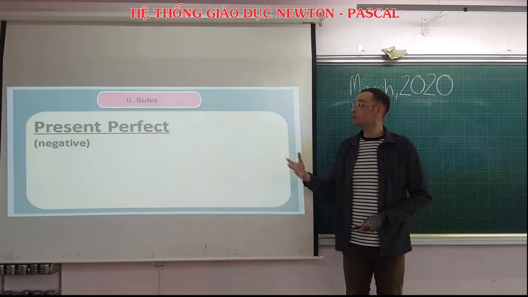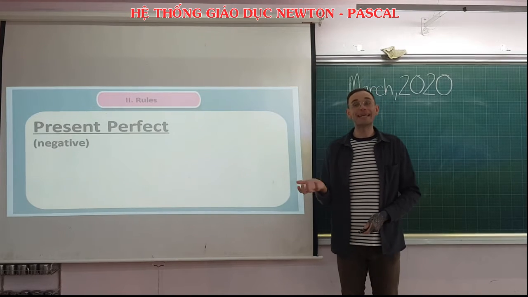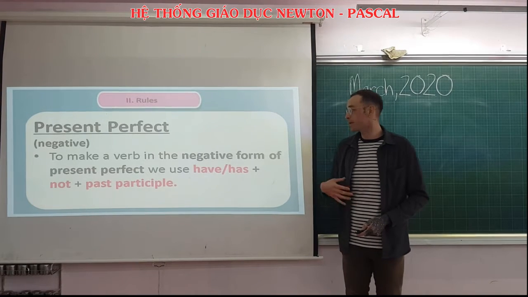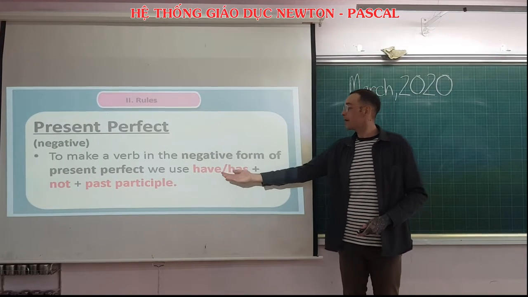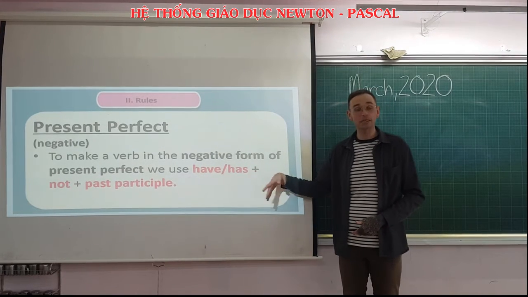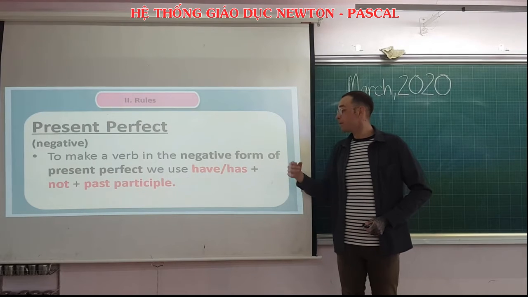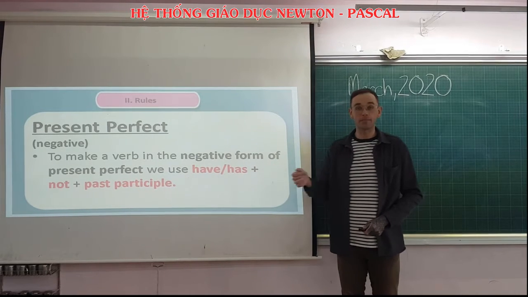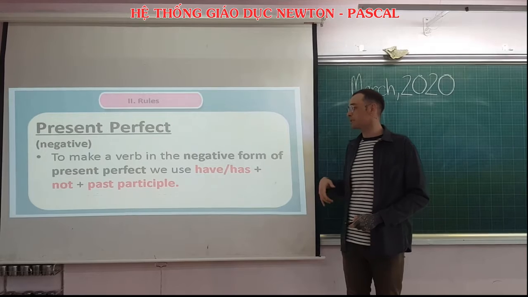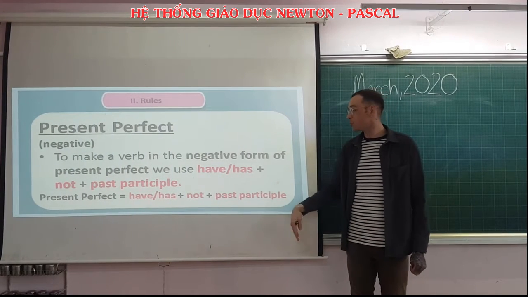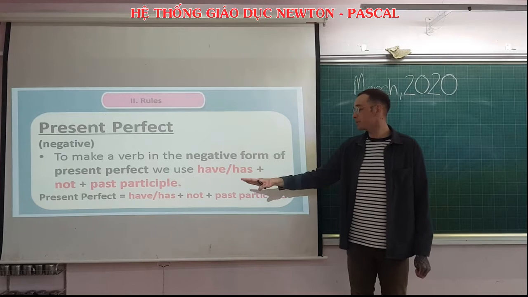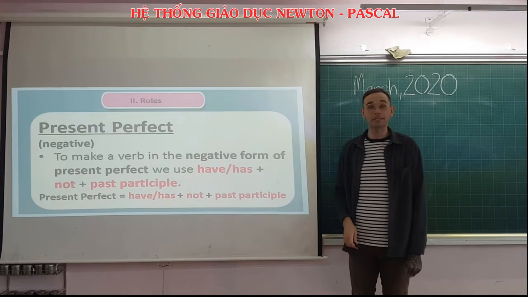Okay? We can also use present perfect for negative statements. Okay? And to make a verb in the negative form of present perfect, again we have or has, depending on our pronoun, but we also need the word not before our past participle. So present perfect in the negative form equals have or has plus not plus the past participle.